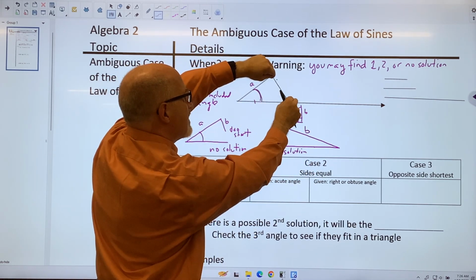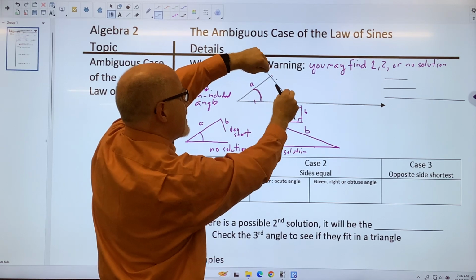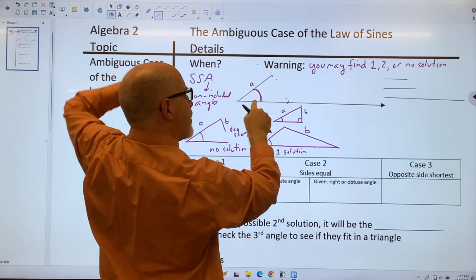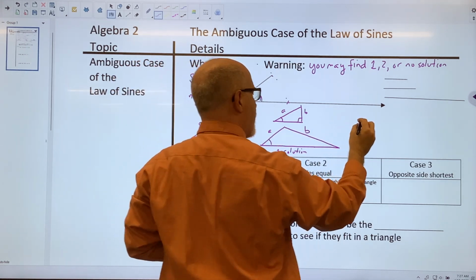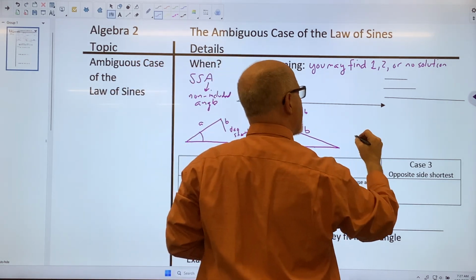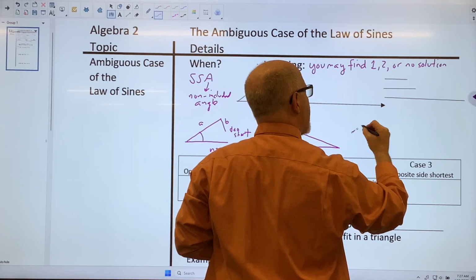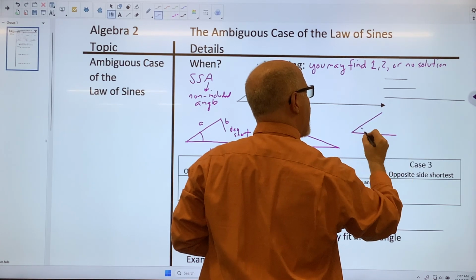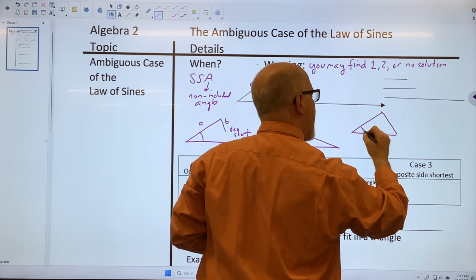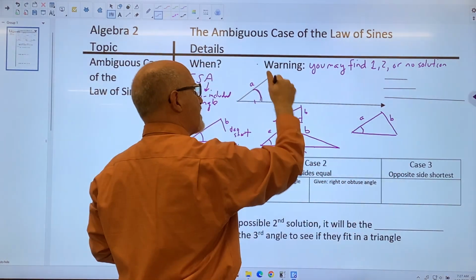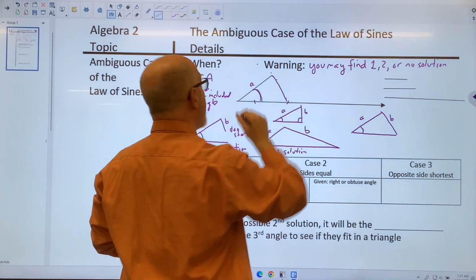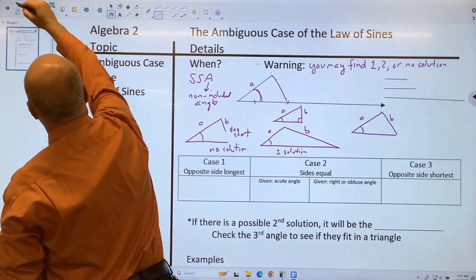There's two places this side hits, forming two different triangles, two different lengths there. So the possibility for this one is a triangle that looks like this with the angle, and here's one side, so this would be A and this would be B, and you get this side listed right there. That's one possibility.